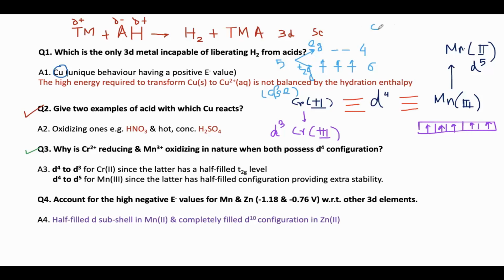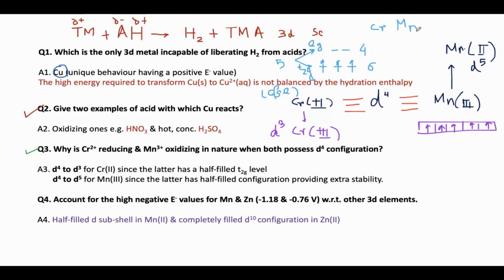So chromium is here, and on the right hand side of chromium is manganese. The size of manganese is smaller than that of chromium, because going through the period from left to right, because of the poor shielding of the d orbital electrons, the size of the metals decreases.